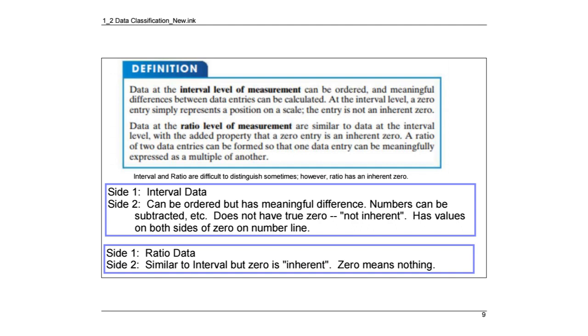If there is nothing less than 0, so there's nothing on the left-hand side of the number line, then that is going to be ratio data. So it's very similar to interval, but 0 really means 0 for ratio data. So give me a minute. I'm going to show you some examples and it will make more sense.